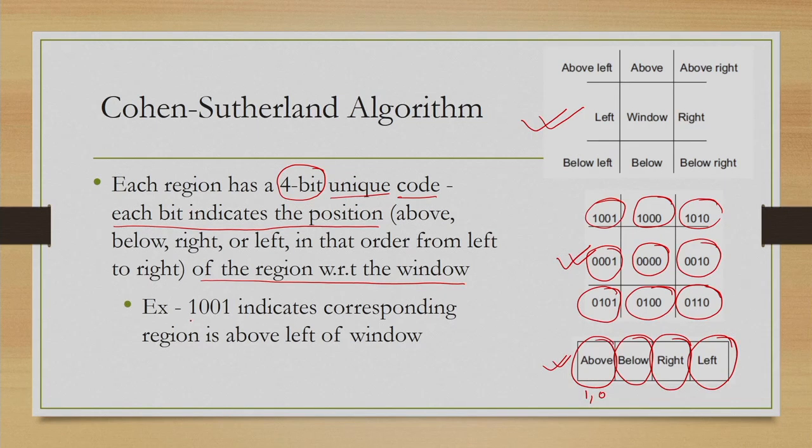For example, consider 1001. So, we have above 1, below 0, right 0 and left 1. That means the region is above left as shown here, because these 2 bits are 1, whereas the below and right bits are 0. So, that is how the codes are assigned to each region.